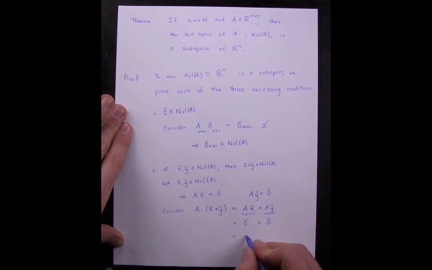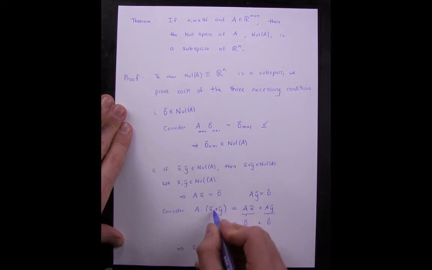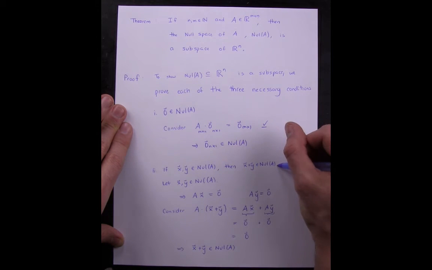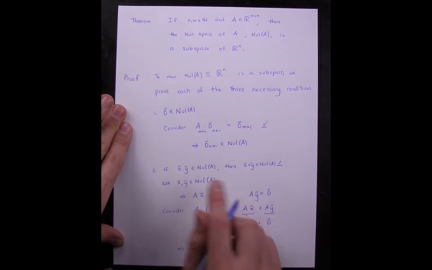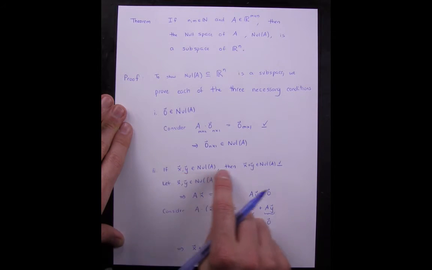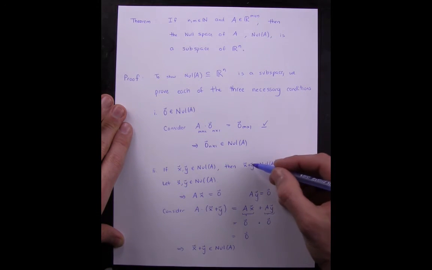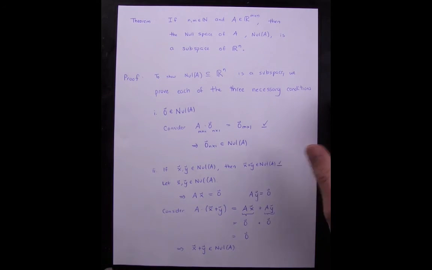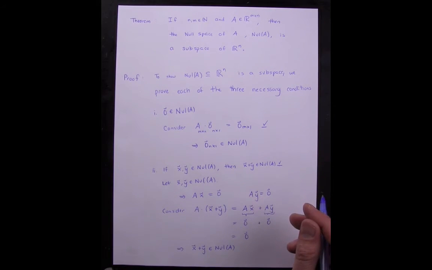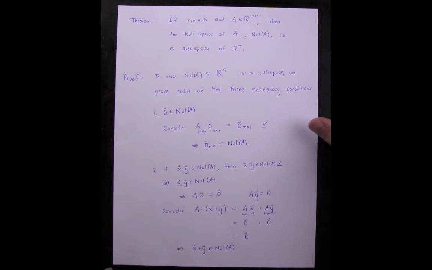We know that 0 plus 0 is indeed 0, which implies immediately that the vector sum x plus y multiplied by A gets sent to 0, but this is the exact condition needed to confirm that a vector is in the null space. What we've just shown is that the null space is closed under addition. If you start with two vectors in the null space and you add them together, you will get a third vector in the null space. This was the second condition of the requirements to be a subspace, and we move on to the third one.